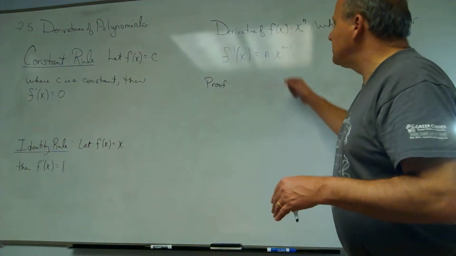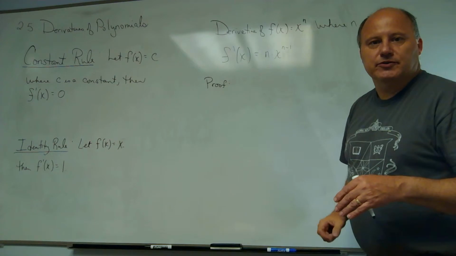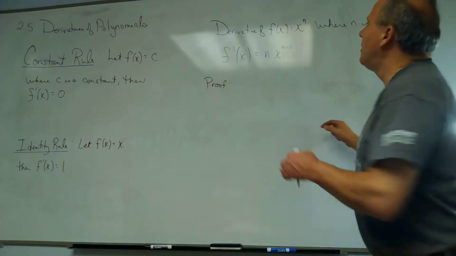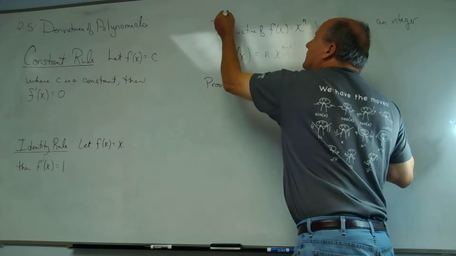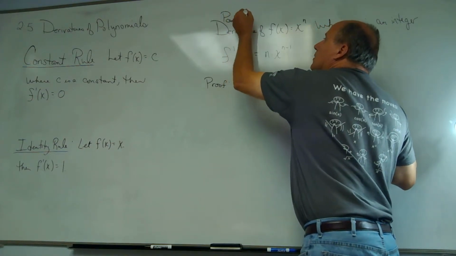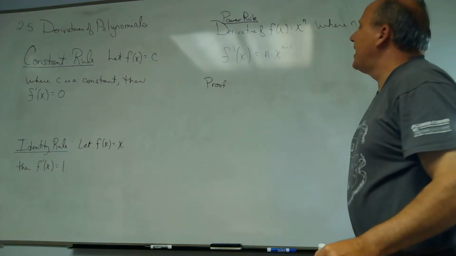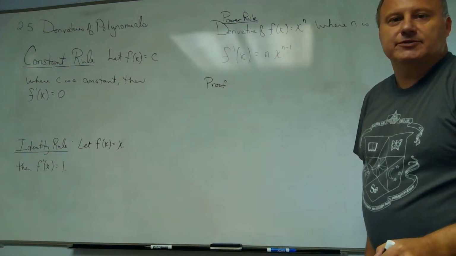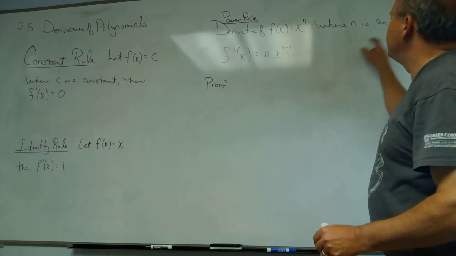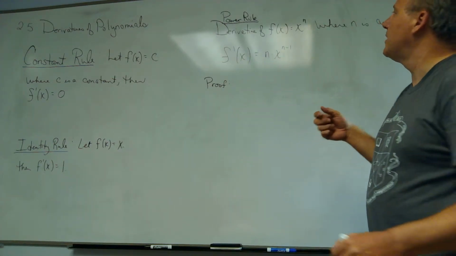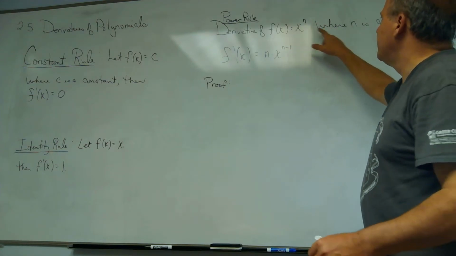Now, this next one is the one that I promised you that it's going to be a little nicer. This is actually called the power rule. It's the derivative of a function f of x equals x to the n. And if n's an integer, actually it's true for any other besides integers as well, but we're going to start with the integers.